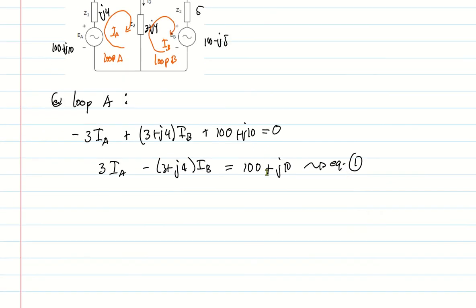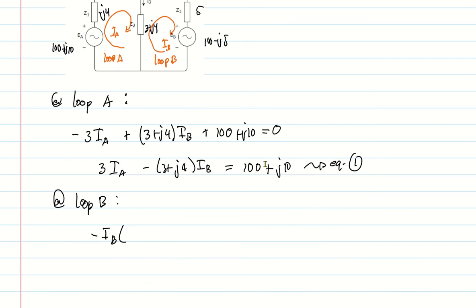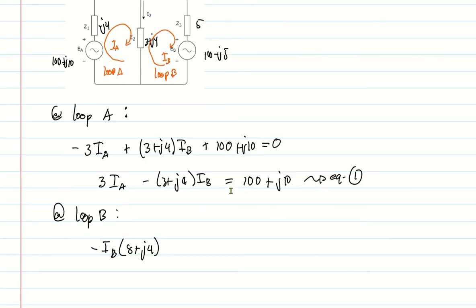Next, the equation at loop B. Let's repeat the process. First, for negative IB, what are the impedances along that loop? We have 3 plus j4 and 5. We add them: 3 plus j4 plus 5 is 8 plus j4. Then there's another current passing through the impedance 3 plus j4, so we multiply that with IA.